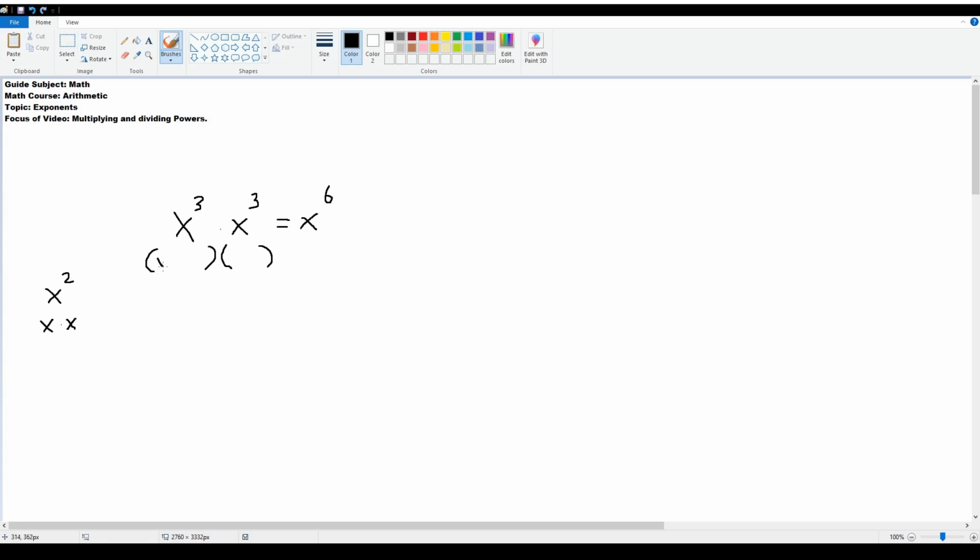So x cubed is x times x times x, and then x cubed is x times x times x. So our final equation is x times x times x times x times x times x. This is x multiplied by itself 6 times, which is equivalent to x to the 6th power. Therefore, that's why you add the exponents.